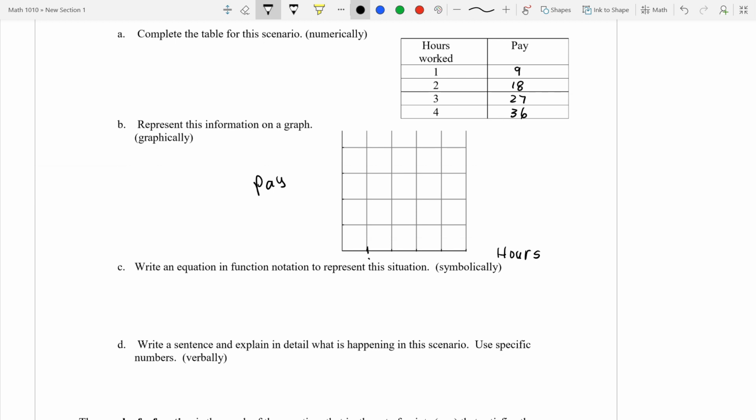Hours are going to be 1, 2, 3, and 4. You have to label these numbers. On the pay, you don't have to go by 10s or 5s or 15s. You can go by 9s. There's nothing wrong with that. So I'm going to go 9, 18, 27, and 36. So 1 is 9, 2 is 18, 3 is 27, 4 is 36.